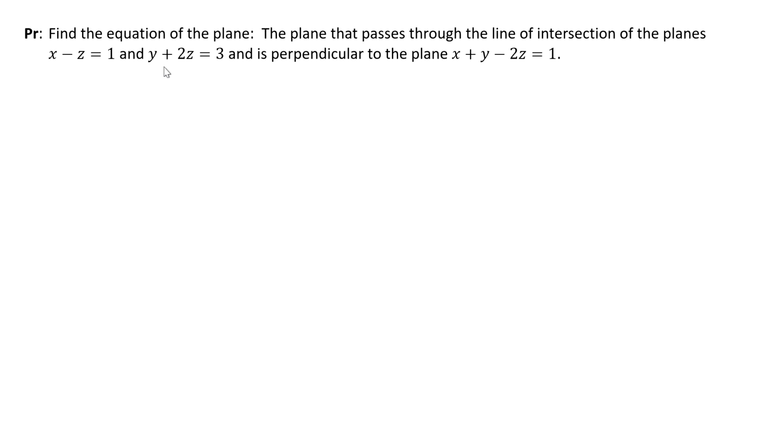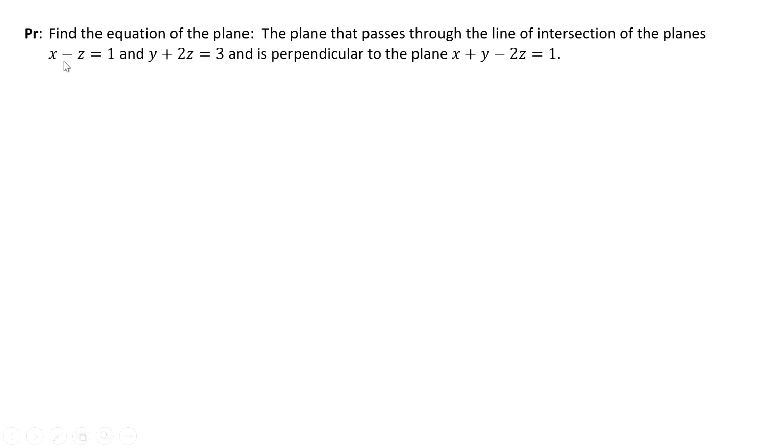Okay, our plane has to pass through the line of intersection. Good. And another condition, this is a weird condition. Apparently, our plane must be perpendicular to the third plane. Whoa, there are altogether four planes in this case.